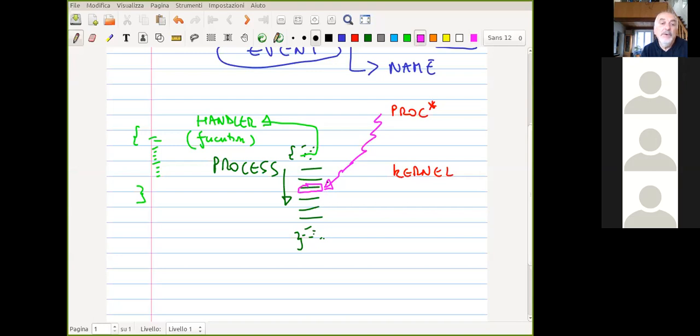And exactly what happens when a hardware interrupt comes, so the kernel stops the process because it is executing the interrupt routine connected to the kernel. So the process is suspended and the thread of execution is transferred to the handler.